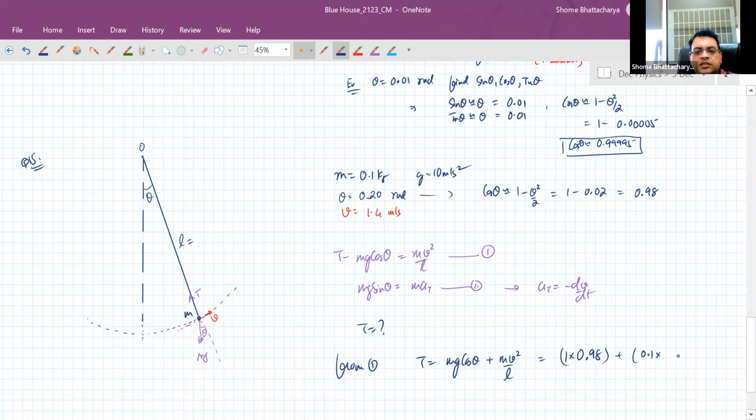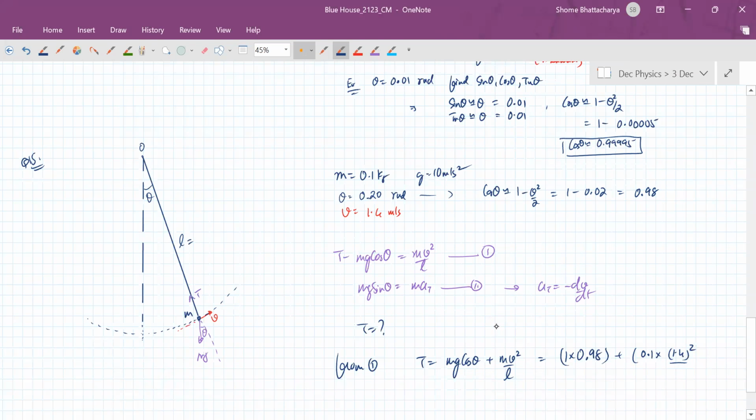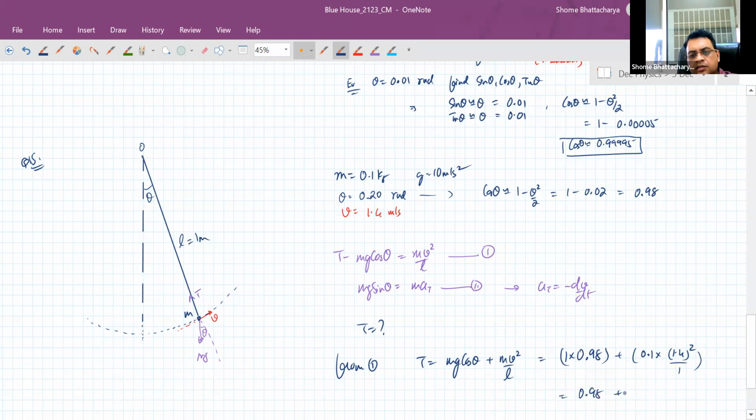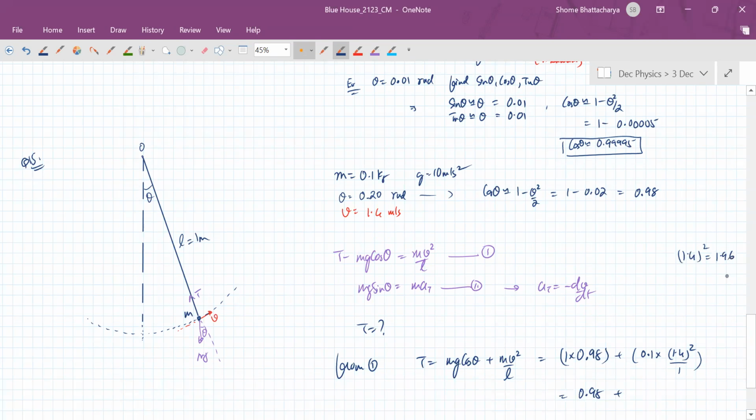This term will be mass into v, which is 1.4 square divided by r, which is 1. L was how much now? 1 meter. So 1.4 square is how much? 1.96.